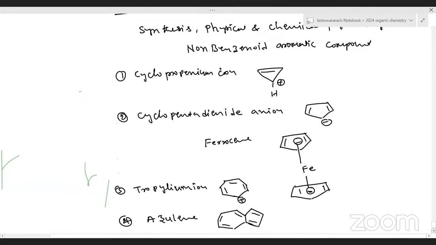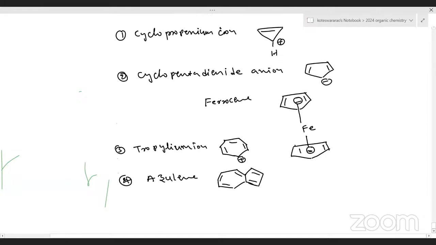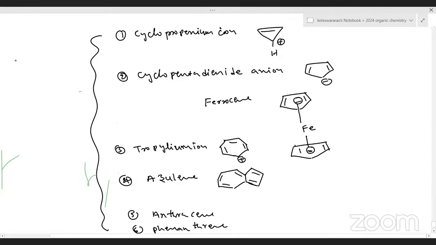Next, the fifth one, anthracene. Sixth one is phenanthrene. These are 3-ring systems. Both are isomeric structures, as you already know: anthracene and phenanthrene.